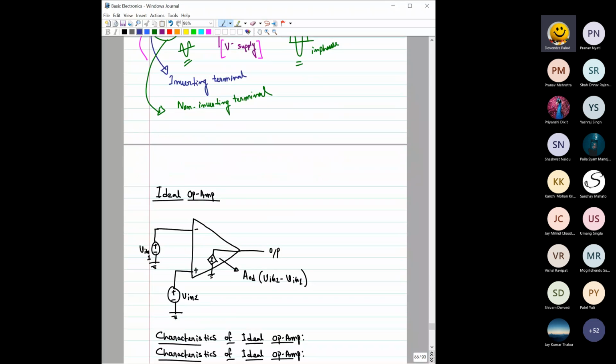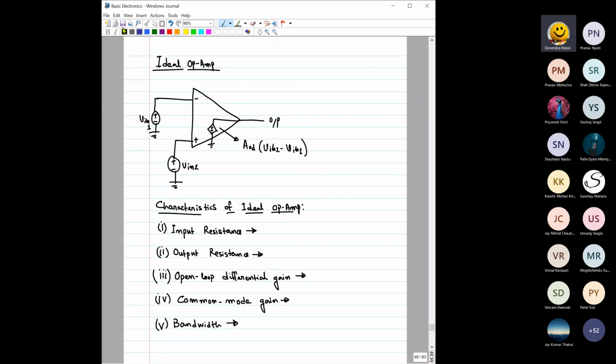Now, let's see some of the important characteristics of an ideal op-amp. The ideal op-amp can be depicted in this way. Here, this is the negative terminal, meaning the inverting terminal.